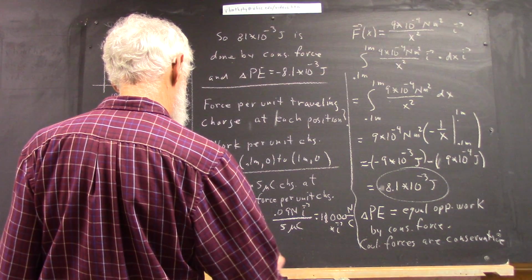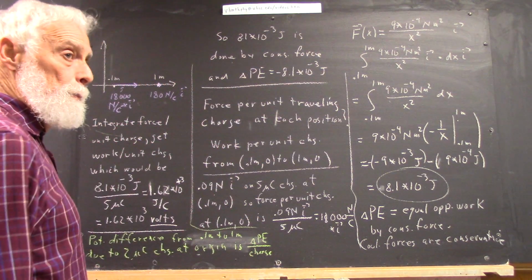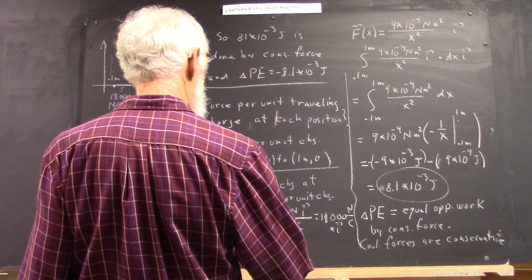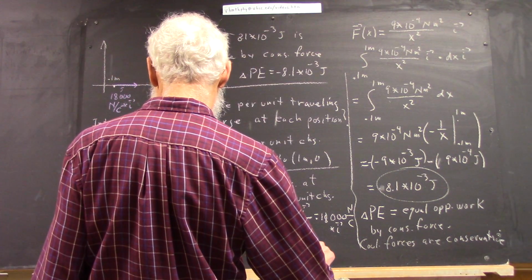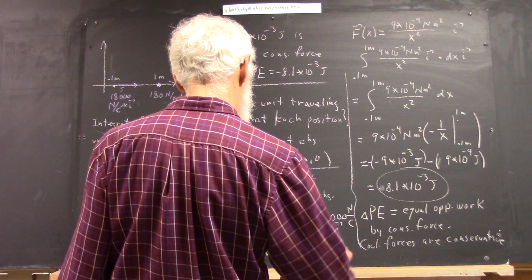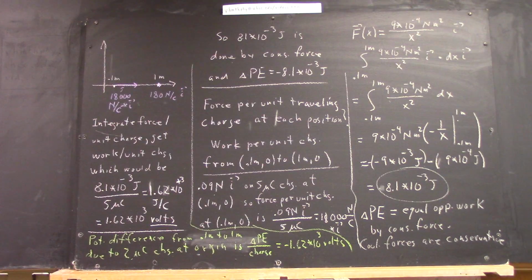You did the delta PE per unit of traveling charge. Negative 1.62 times 10 to the third volts, negative 1620 volts. Okay? Is there an abbreviation?